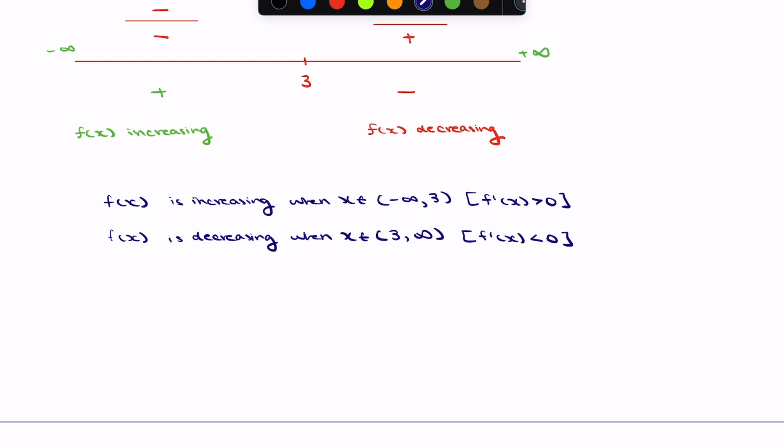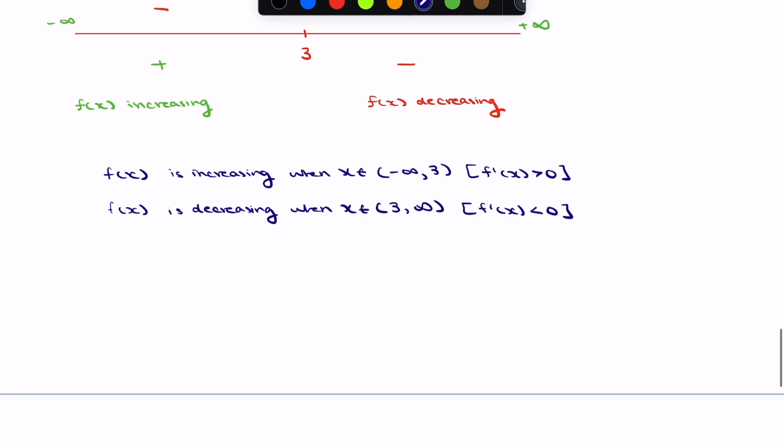So in conclusion, again, to determine when a function is increasing or decreasing, we must check if its derivative f prime of x is greater than 0, or if f prime of x is less than 0. Again, f of x is increasing when f prime of x is greater than 0, and f of x is decreasing when f prime of x is less than 0.